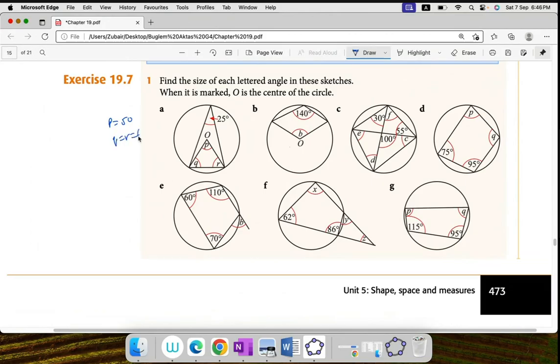Q is equal to R is equal to 65. The second one. You may use a calculator if you wish.